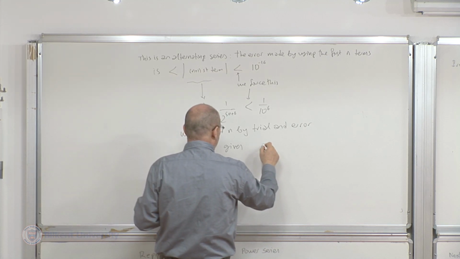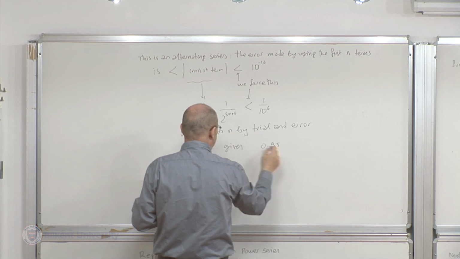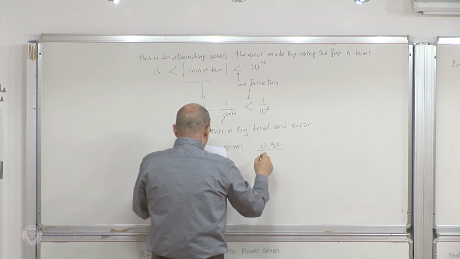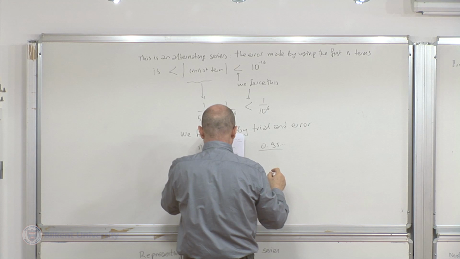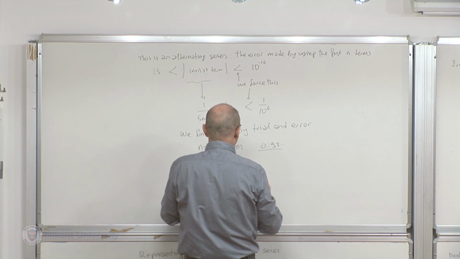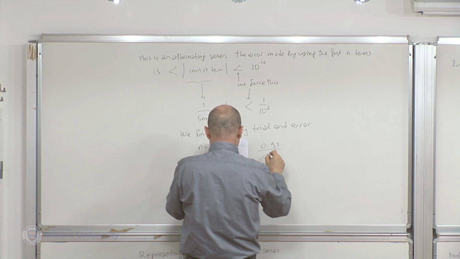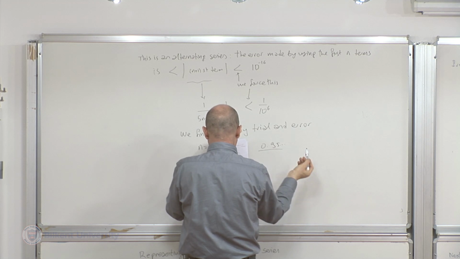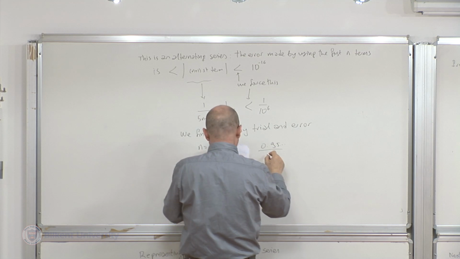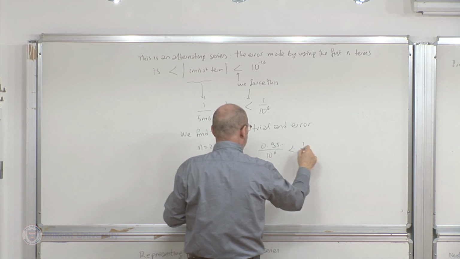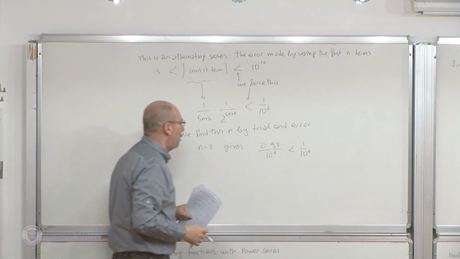This gives 0.95 on this side. Okay, something here divided by 10 to the 6. When you calculate these things, that's what I got after simplification. Okay, 10 to the 6, and this is less than 1 over 10 to the 6.